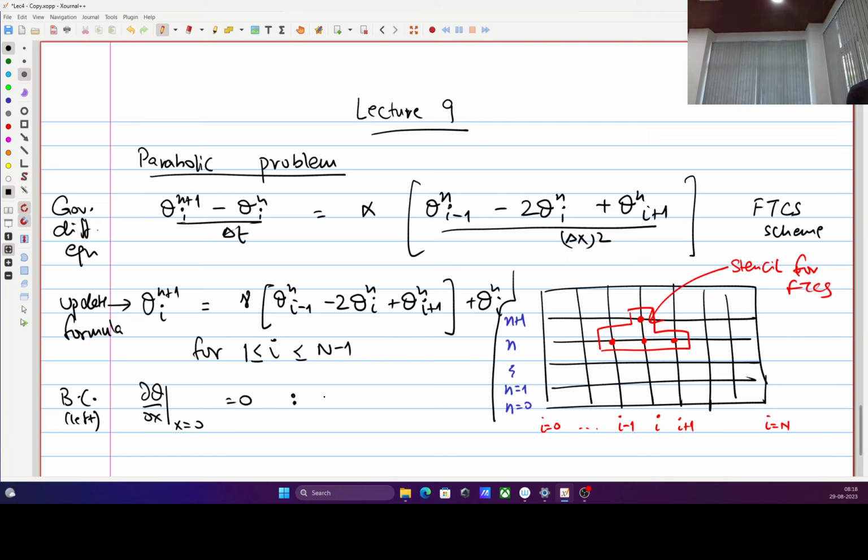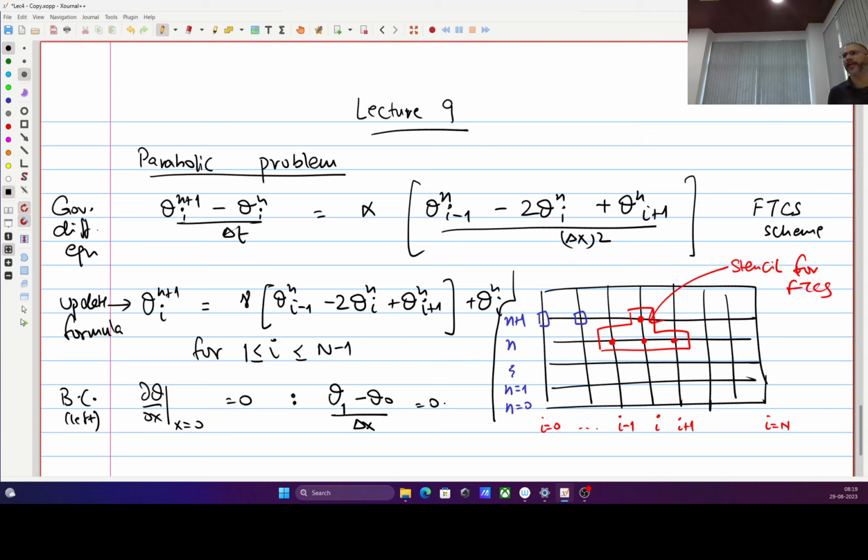So this can be discretized as theta at the blue squares, theta at I plus 1, where I is 0 here, so theta at 1 minus theta at 0 upon delta x is equal to 0.